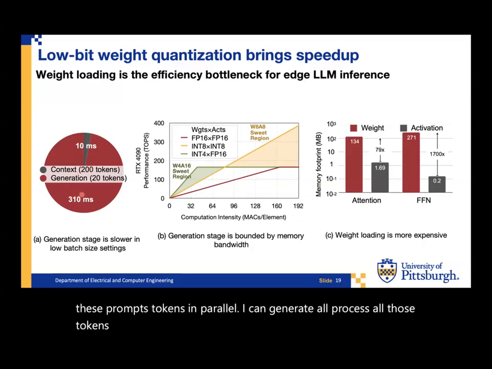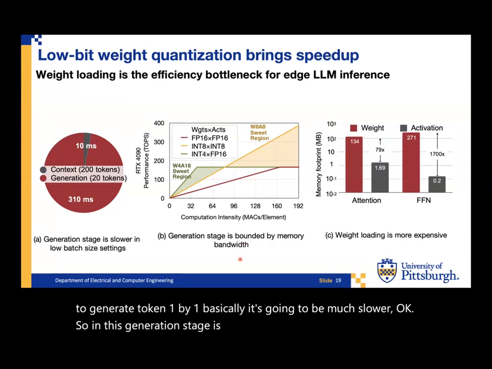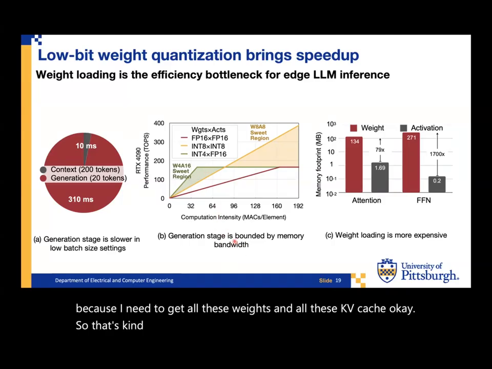But in the subsequent generation stage, I need to generate tokens one by one. Basically, it's going to be much slower. This generation stage is bounded by memory bandwidth, because I need to fetch all these weights and all the KV cache. Okay, so that's the main idea.